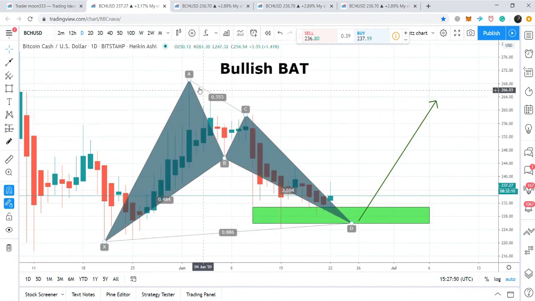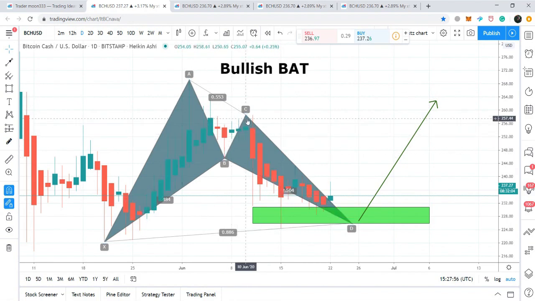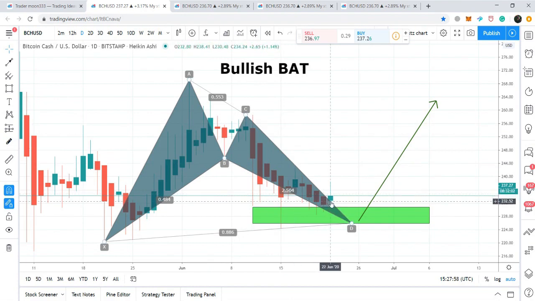And this is the projection of the A to B leg. This is the second confirmation. This was the first, and this is the second confirmation of the bullish bat. And now finally the price action has entered this potential reversal zone that starts from 0.786 up to 0.886 Fibonacci retracement level.